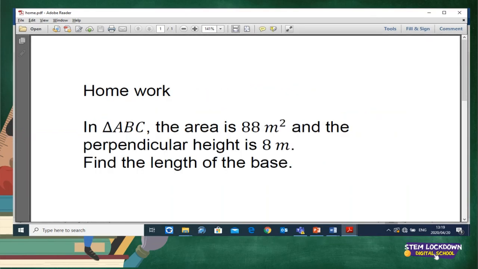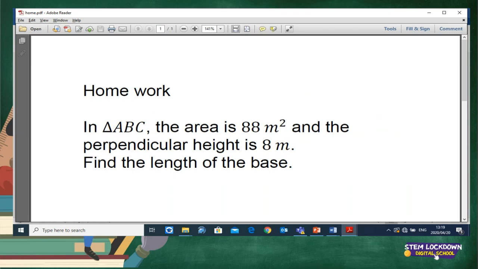And what I want us to do now is to follow the following. This is the homework that I want to give you. Let's say you have got a triangle ABC, where the area of the triangle is 88 square meters, and you are required to find the length.